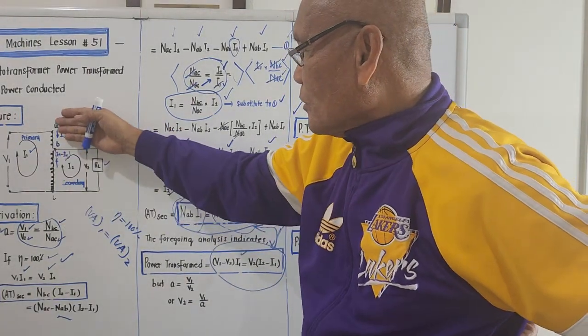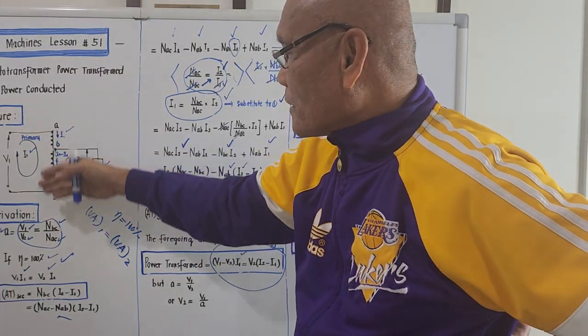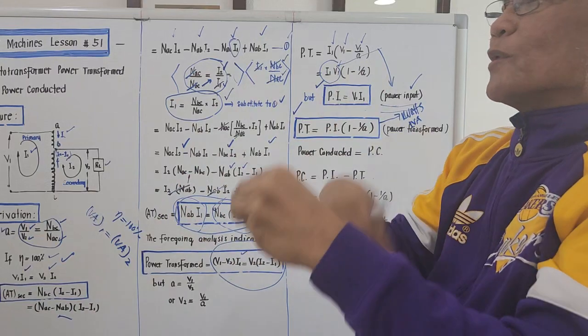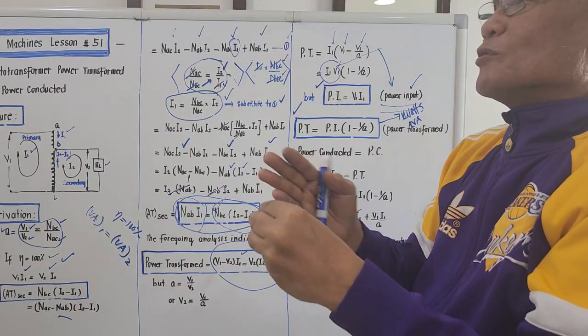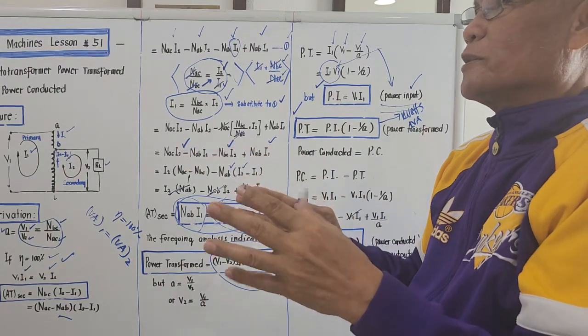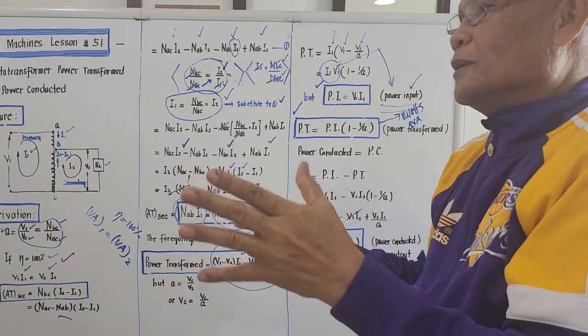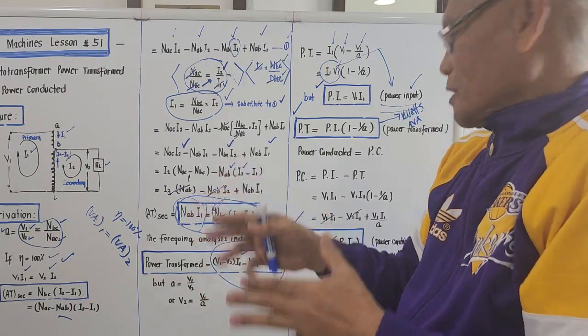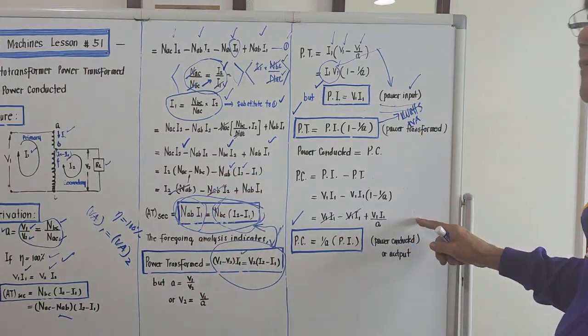The whole winding is both primary and secondary, unlike in the conventional transformer, where there is a primary winding and a secondary winding. So under an autotransformer, the power output is termed power conducted.